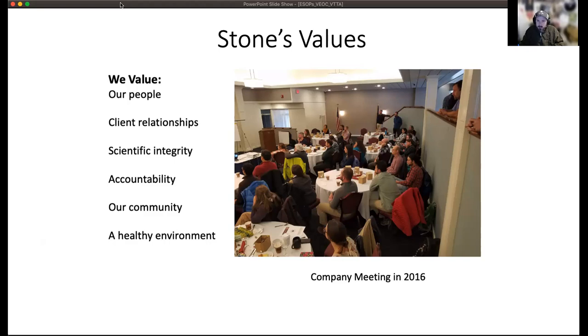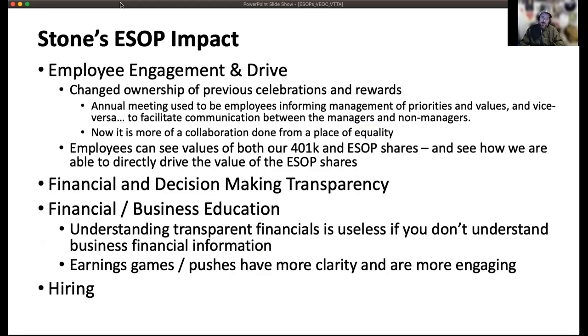This is company meetings, and something that's changed based on the impact of the ESOP is that in the past, the company meetings felt like it was this communication between management and the rest of the employees, or vice versa. So it would be either management polling the rest of the employees through some various information gathering sessions at a company meeting on what priorities need to change, what things we need to start exploring, what we've heard from customers.